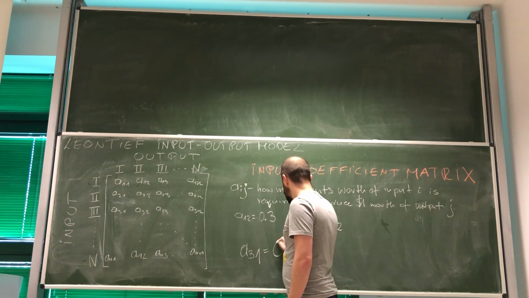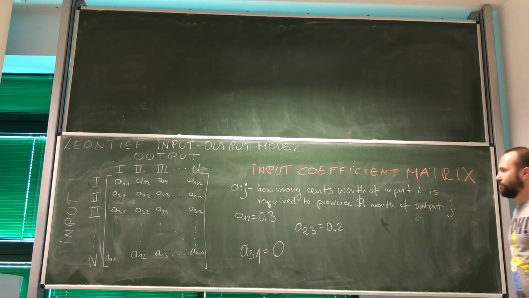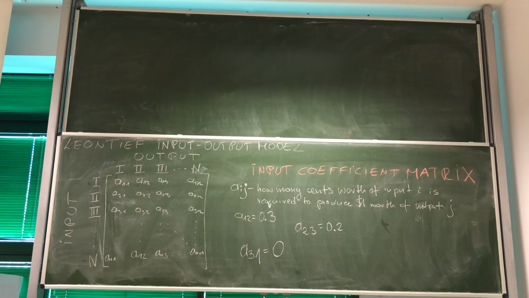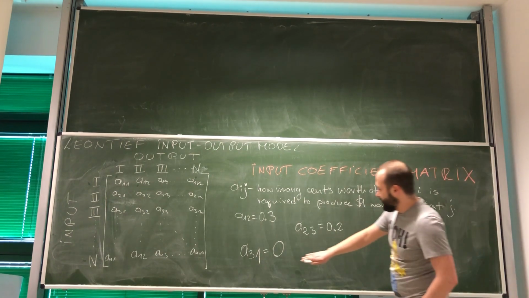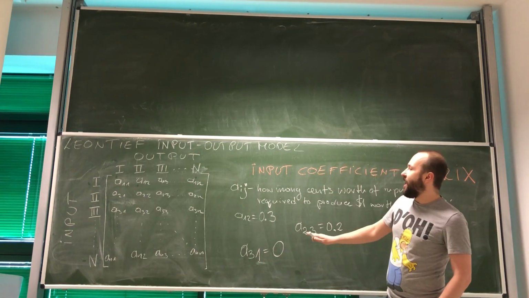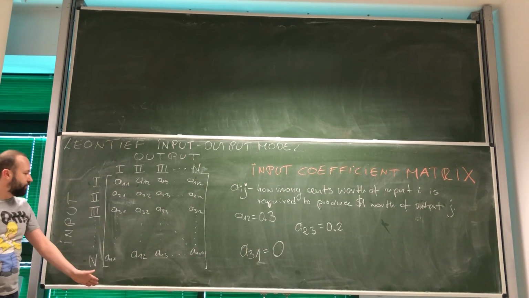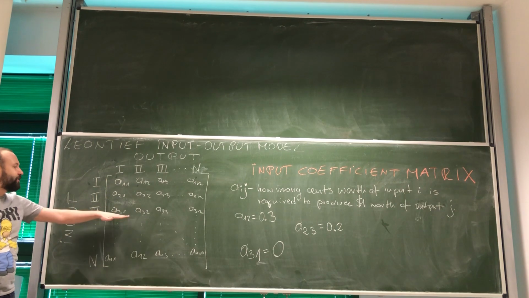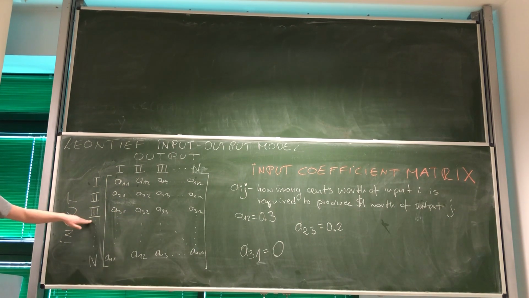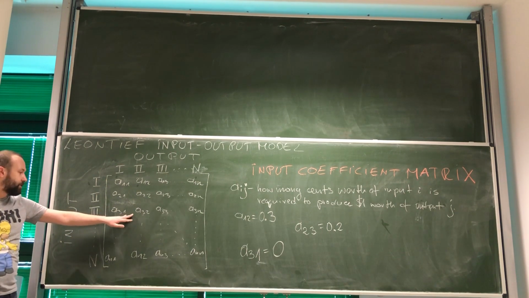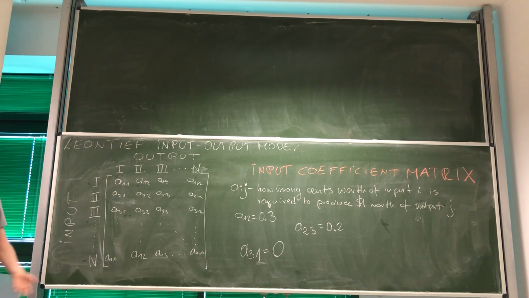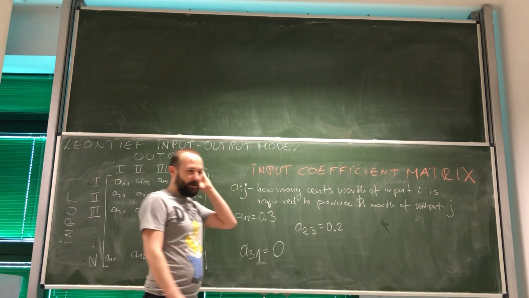Okay, but let's just say that now we've got A31 and it is equal to 0. What does this mean? Well, this means that if I want to produce $1 worth of good 1, I will not use any unit of good 3. Does it make sense? Of course.